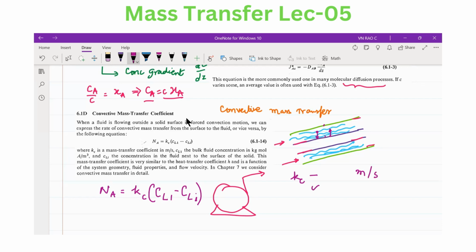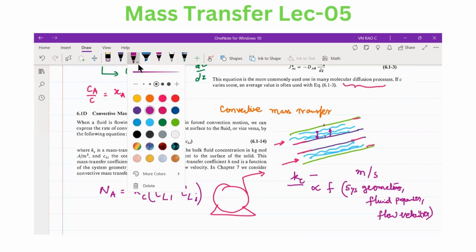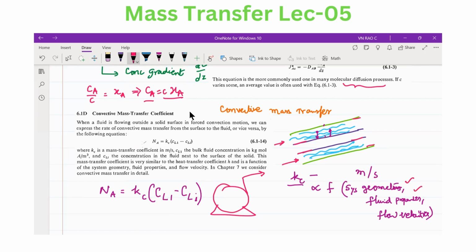The mass transfer coefficient is a function of system geometry, fluid properties, and flow velocity. There are three things here.